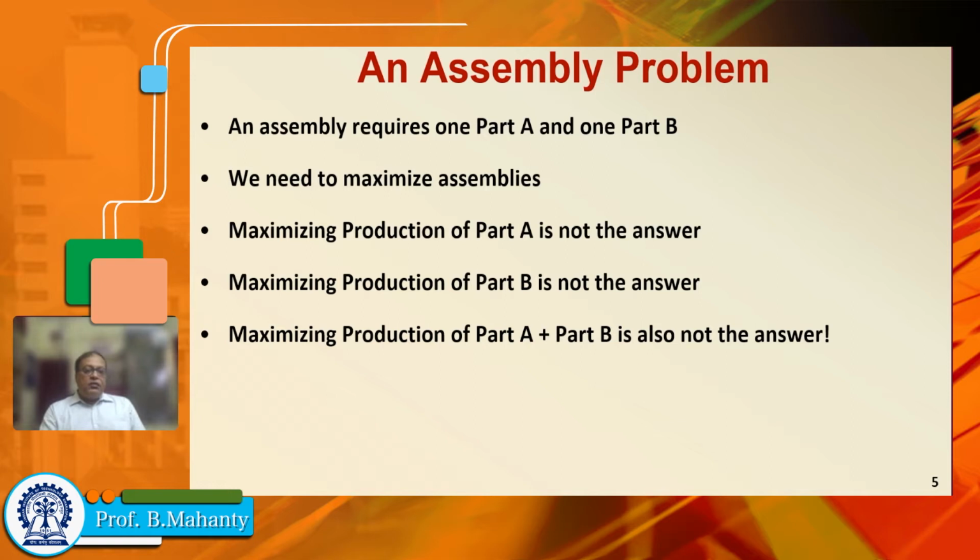There might be a lot of idle hours in both the machines, or at least one of the machines. So that's not a very good idea, to maximize production of part A plus part B with a constraint that part A equals part B, because then machine utilization will not be much. And in that sense, the number of assemblies will not be made to the extent that is possible, because you have put a hard constraint which may not be necessary.